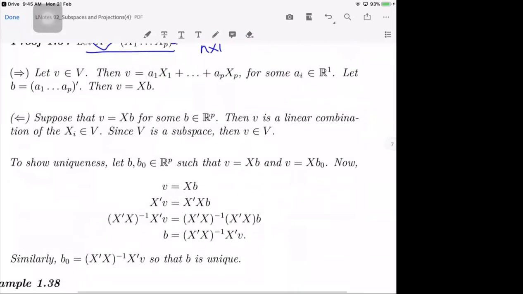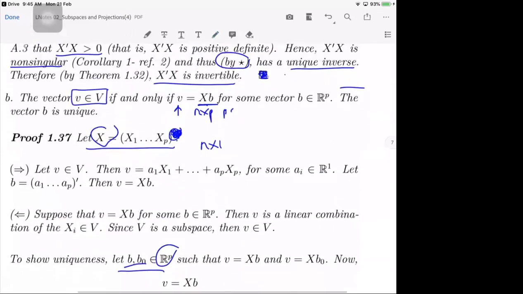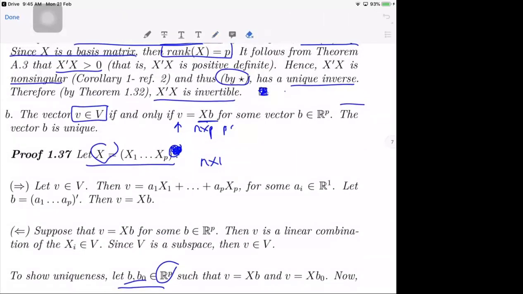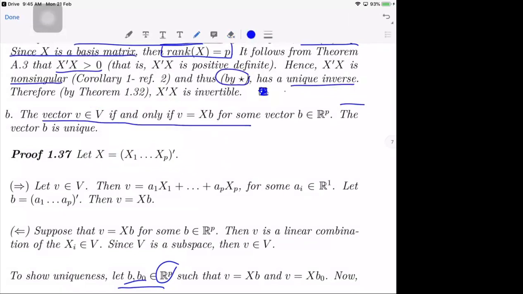Okay, to show uniqueness, again, you assume two values of a p-dimensional vector or p by 1, and such that Okay, tinuod man ni, no? If and only if. Kini. So this is the assumption. If you have a vector, you can write the vector as x beta.